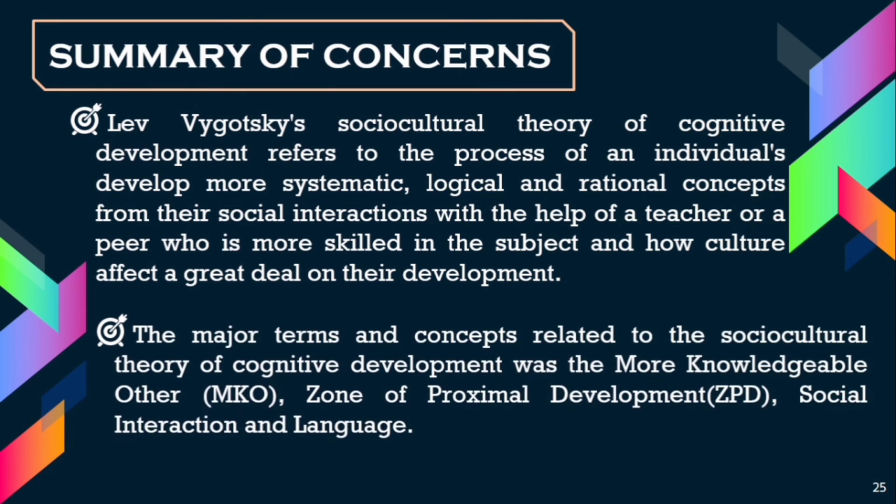Second, the major terms and concepts related to sociocultural theory of cognitive development were the more knowledgeable other, or the MKO, zone of proximal development, ZPD, social interaction, and language.